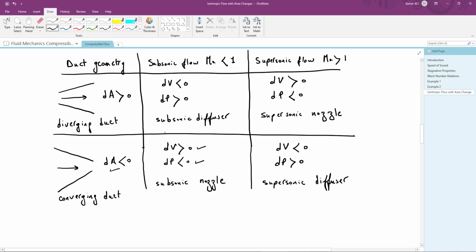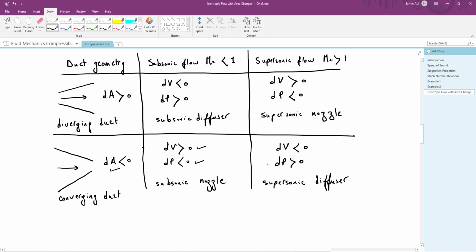So when the cross-sectional area increases, the velocity will increase in the case of supersonic flow. And also when the cross-sectional area decreases, the velocity will decrease in the case of supersonic flow. So please pay attention to this difference between subsonic and supersonic flow.